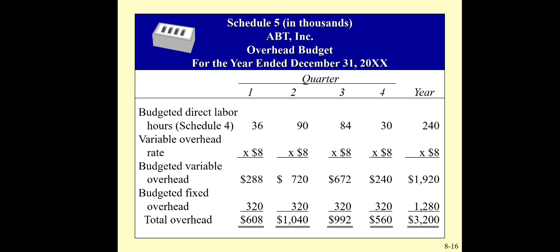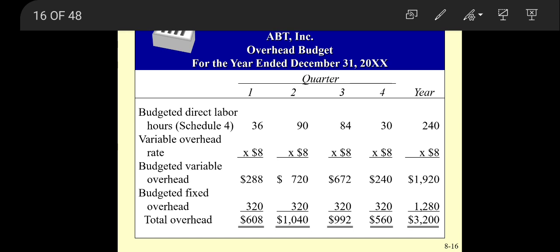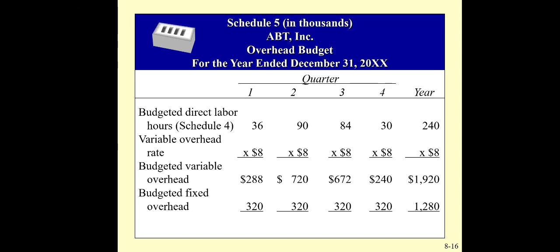This is the last thing that we covered last week. Just to refresh your memory, last week you have seen how to prepare the sales budget, production budget, direct material budget, labor budget, and overhead budget. So this is where we stop.